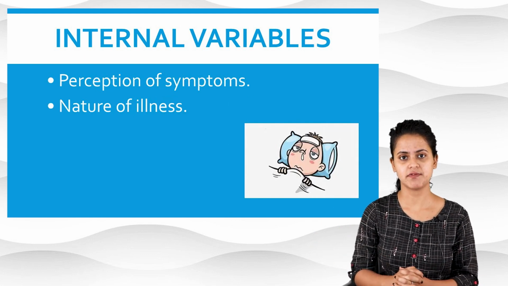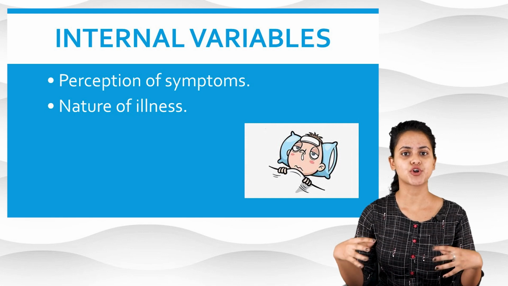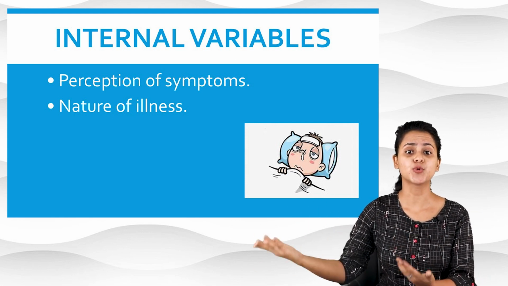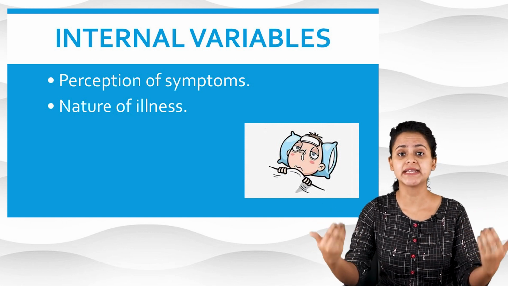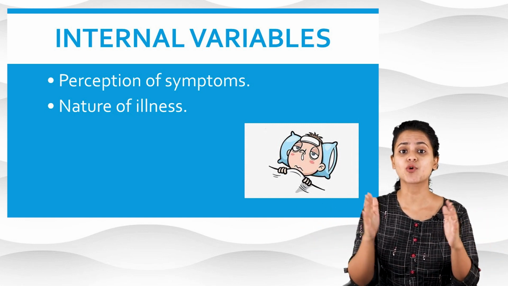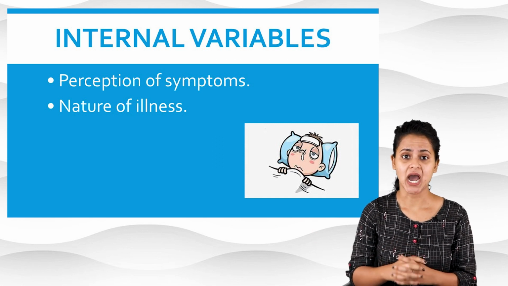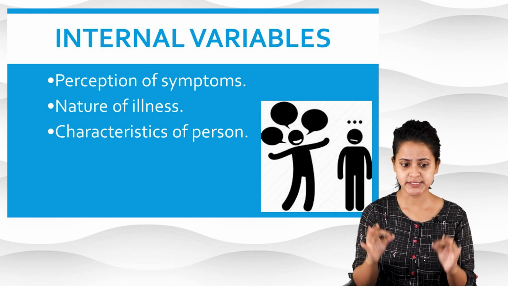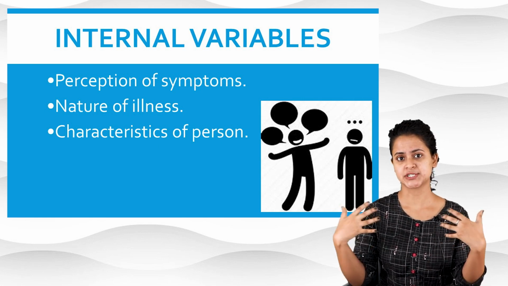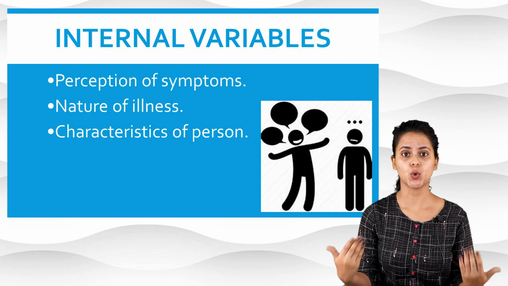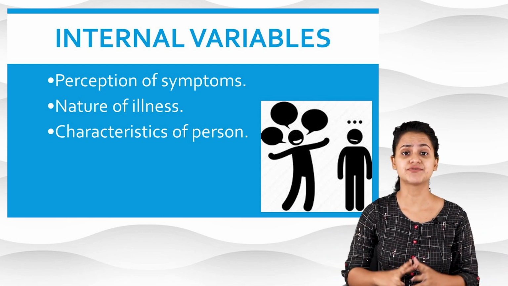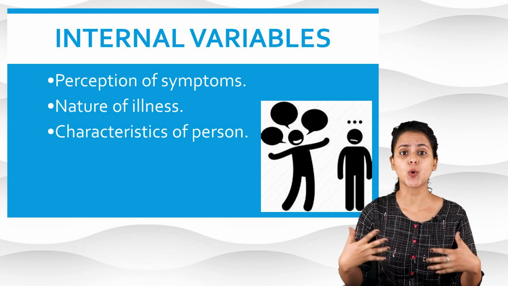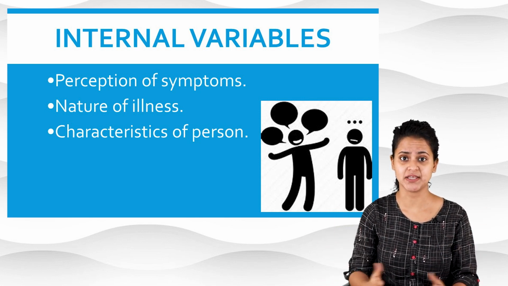The second internal variable is the nature of illness. Definitely, what a person is going through, or the basic nature of their disease, also decides how a person would behave towards their illness. The next point is the characteristics of a person. As we know, different individuals have different characteristics. Some people will be so positive towards their life.